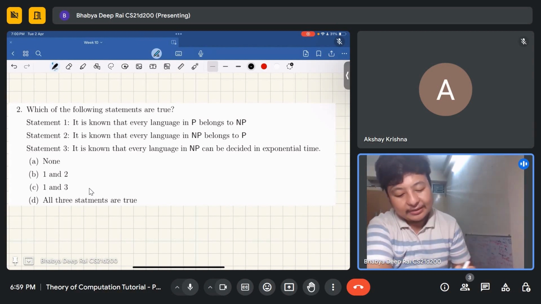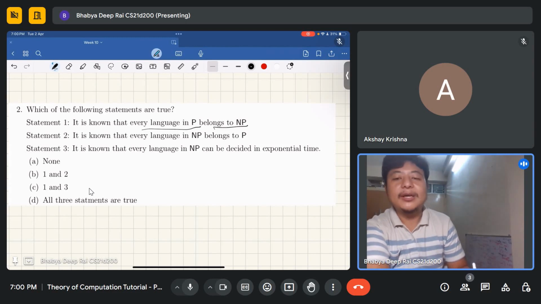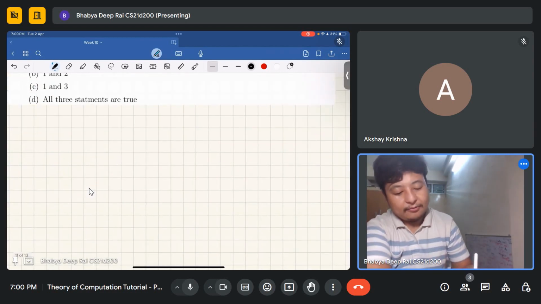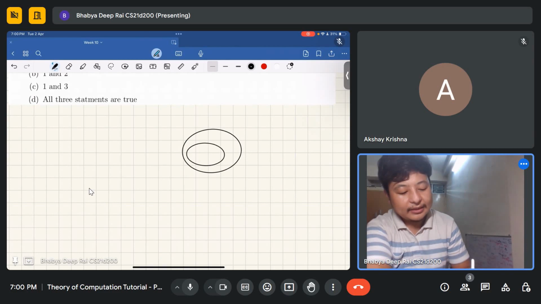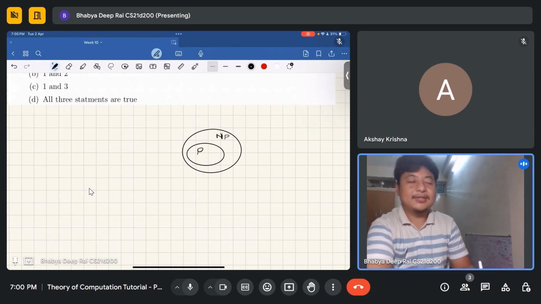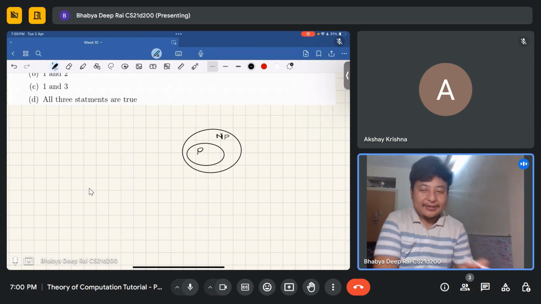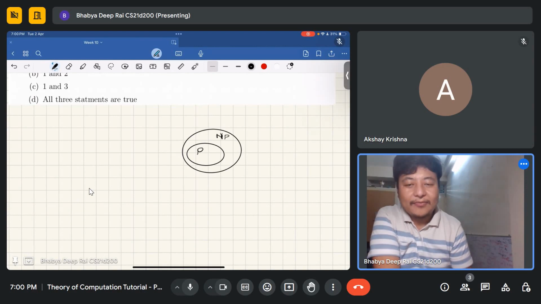Let's look at the first one. Every language in P belongs to NP. This is true. We know that P sits inside NP. Why? There are various ways you can explain this. One way is that a language in P has a deterministic Turing machine M that runs in polynomial time.